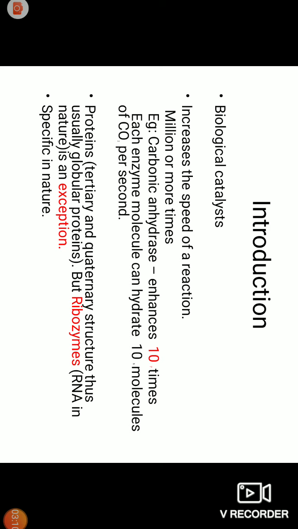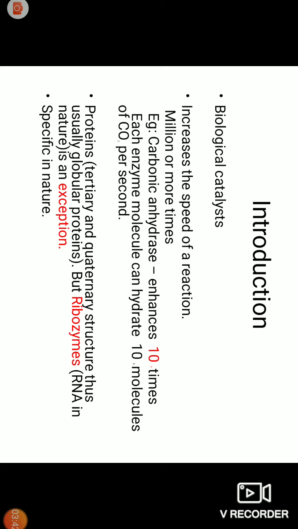But we have to focus on organic catalysts, that is enzymes. Not all organic catalysts are enzymes, but most of the catalysts seen in biological systems are enzymes. So enzymes are nothing but biological catalysts. As with inorganic catalysts, biological catalysts don't undergo any chemical changes.